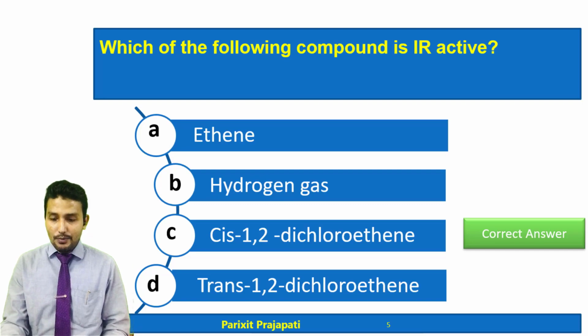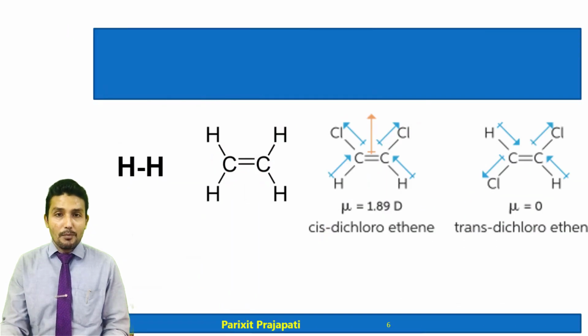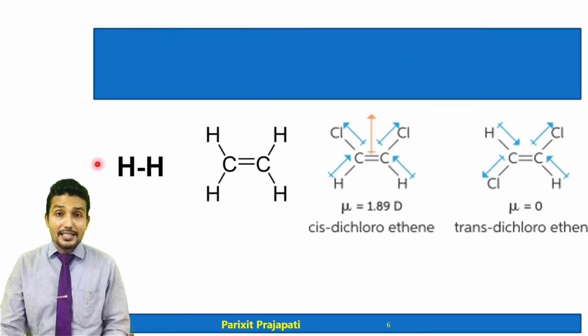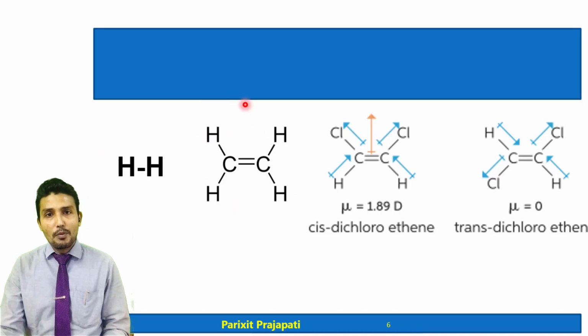So here, out of these 4 compounds, hydrogen gas is a diatomic molecule, so net dipole moment is 0. Similarly ethene also has a net dipole moment of 0. So that's why it's also IR inactive.